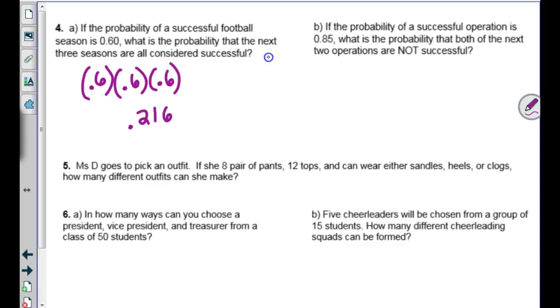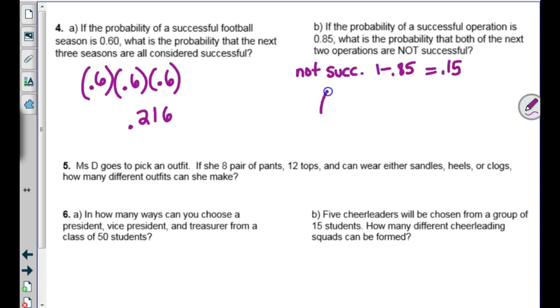B says if the probability of a successful operation is 0.85, what is the probability that both of the next 2 operations are not successful? So not successful would be 1 minus 0.85 or 0.15.